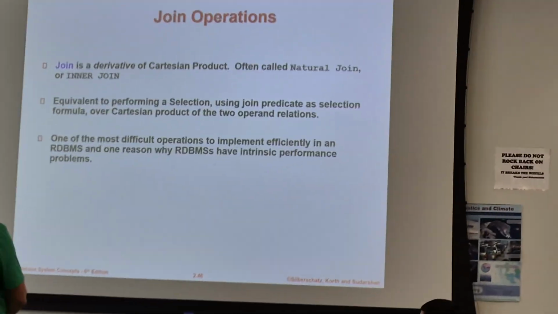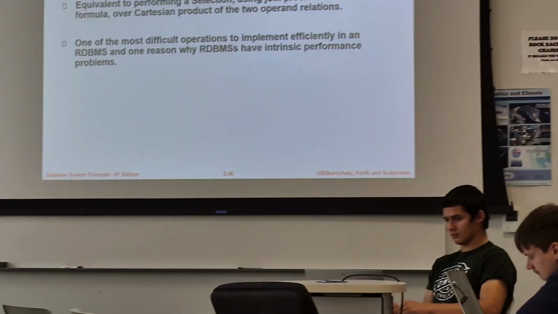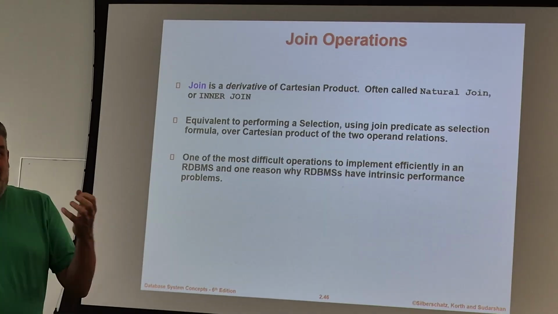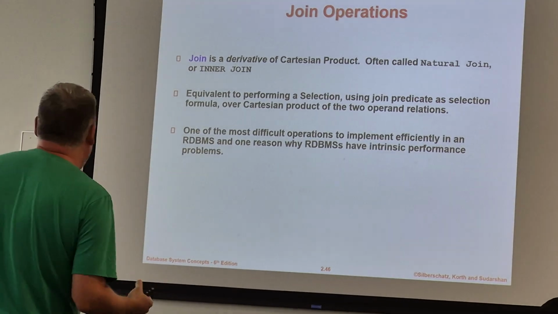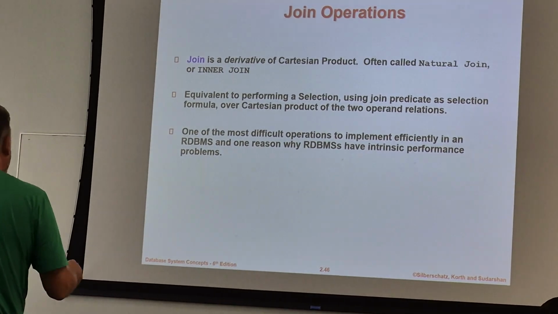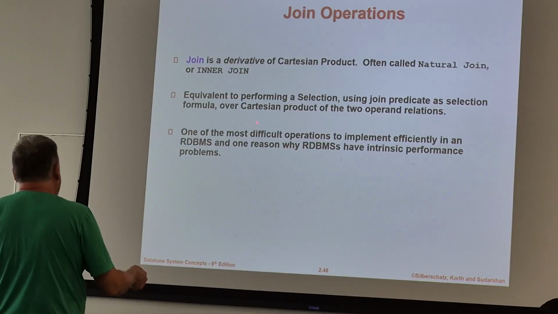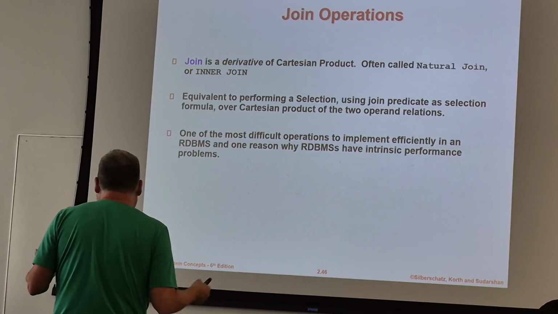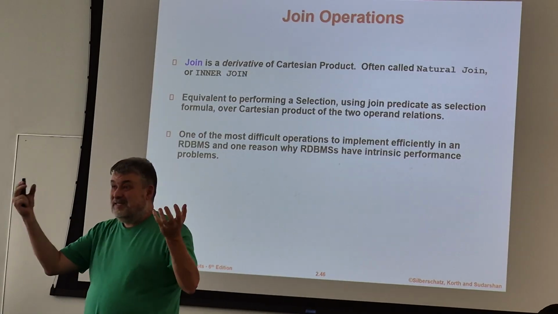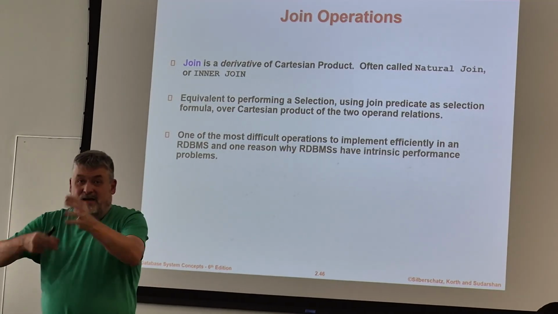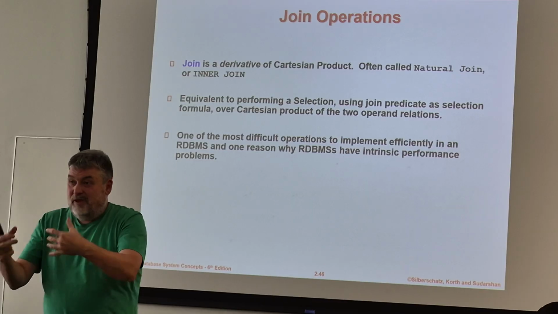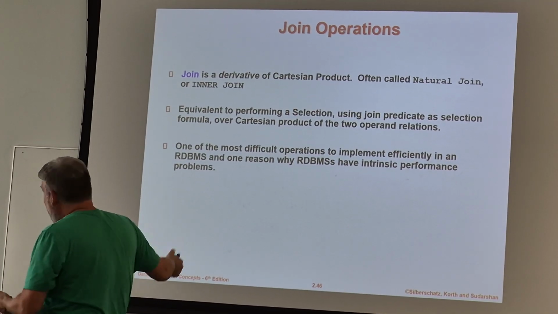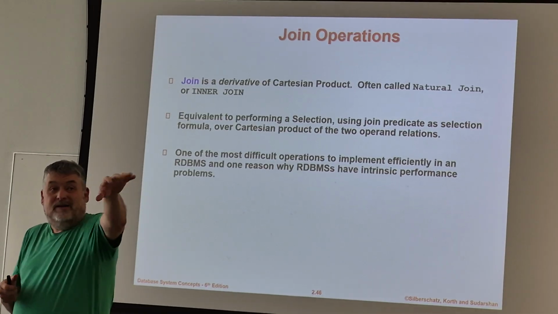But what does it do? They say it's kind of like performing a selection, except that the join keyword is actually selecting from multiple tables at once. And it's basically selecting the Cartesian product of 2 relations. So basically, a join connects 2 tables together and combines every row with every row, and then pulls out a selection, a select predicate version.